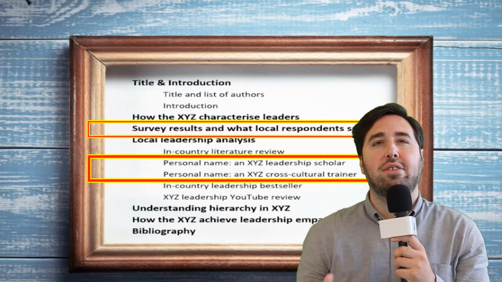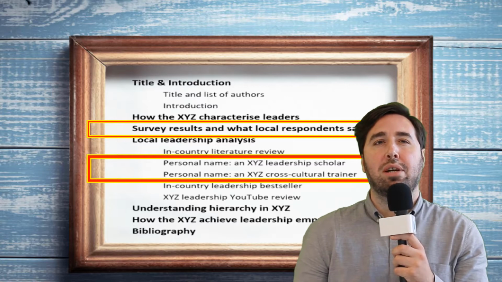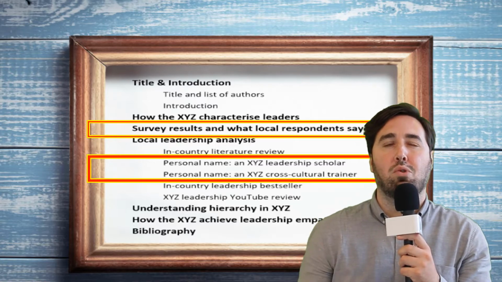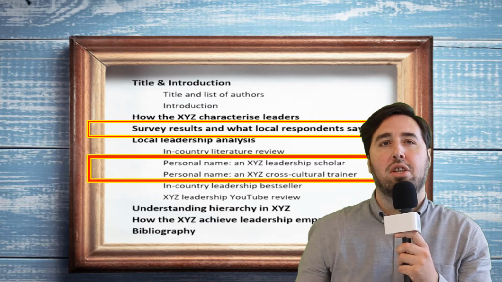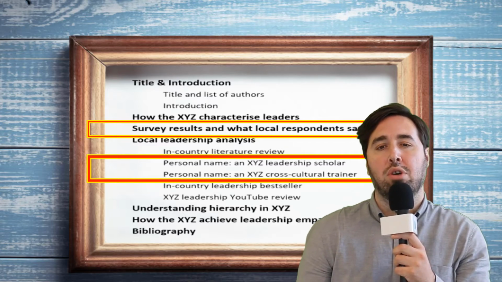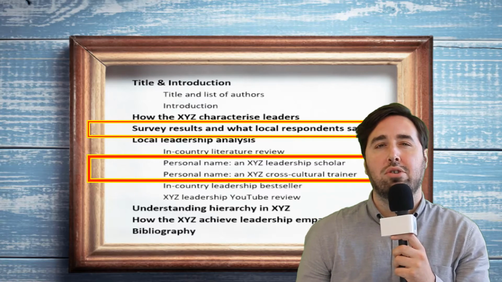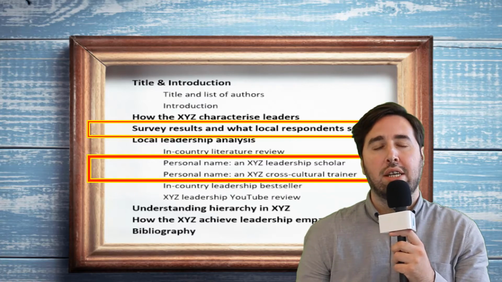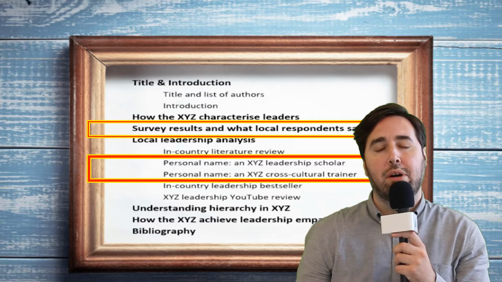Now, these are the three different elements where you'll be using the primary data. So this is the what local respondents say section, the personal interview with a leadership scholar, and also the personal interview with a cross-cultural trainer or leadership consultant in your countries. This is primarily where you'll be writing about that information.